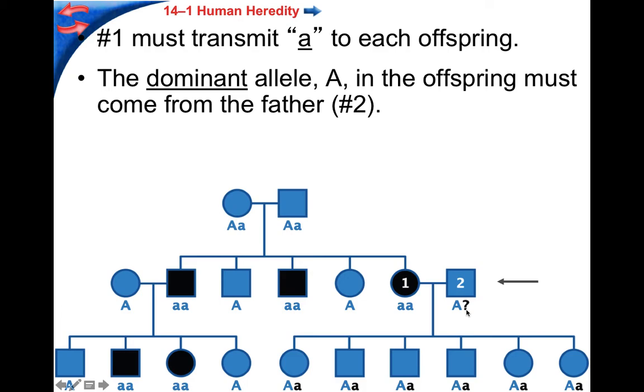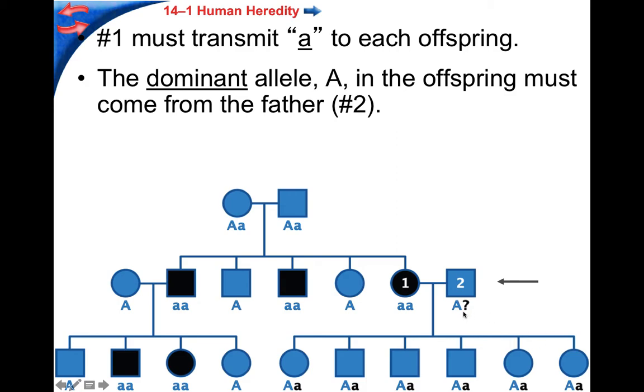But the question is, what is his second allele? To be honest, we cannot be 100% sure. Since he has two alleles, we know he gave a capital A to all the kids. So he has 6 kids, which is a lot. So the chances are he has two capital A's, because you have a 50% chance of giving each letter to each kid.